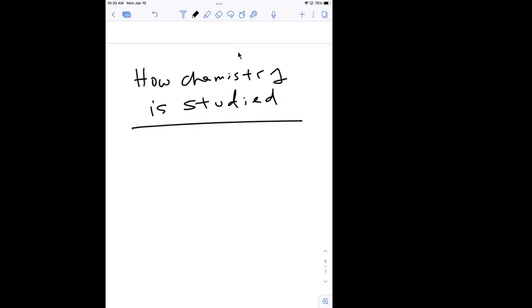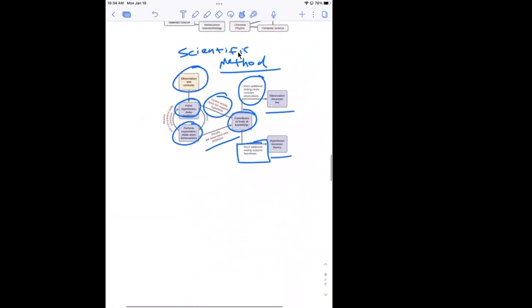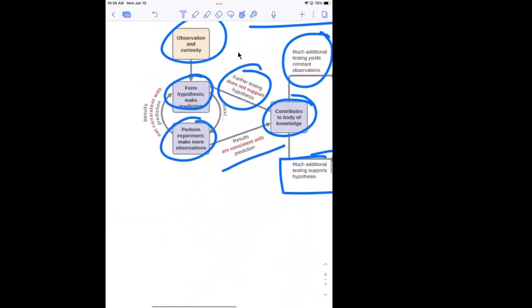Go ahead. So just to make sure, there are 3 steps of the scientific method, or just to finish that note? Well, yeah, basically there are 3 steps, right? You have an observation. You come up with an idea as to why you think that observation is what it is. That's your hypothesis.